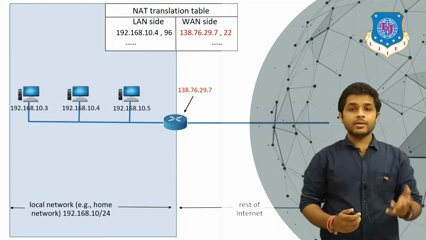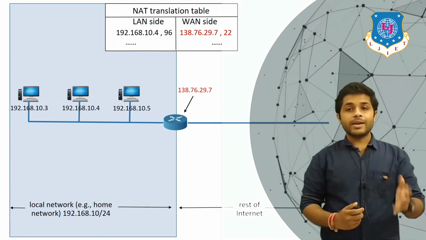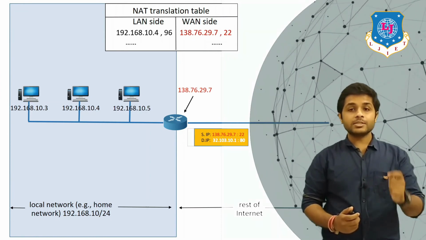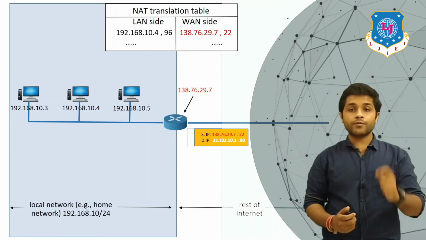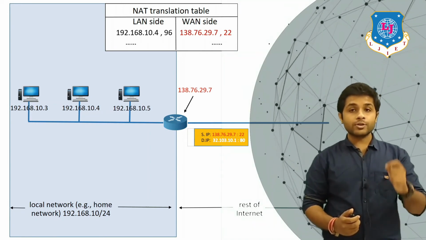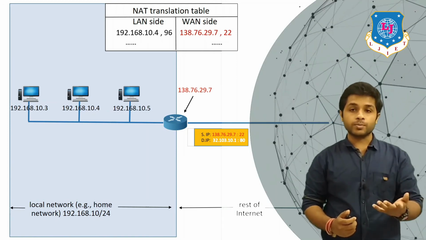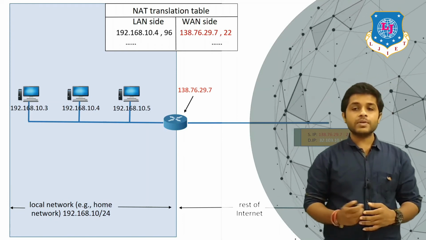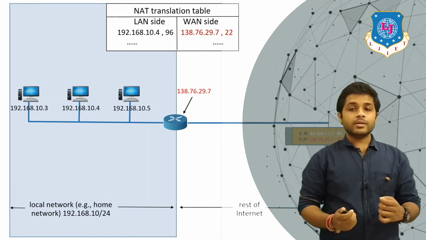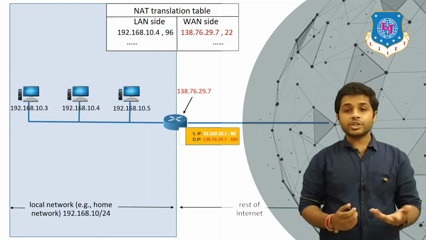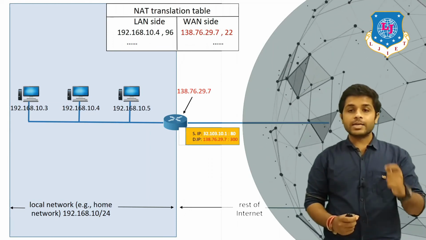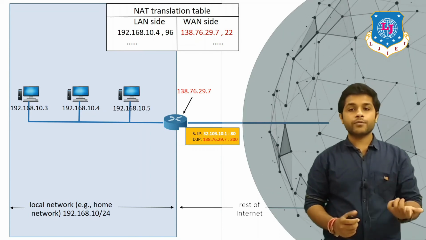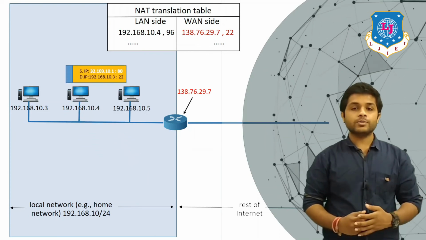You can see that the entries are being made in the NAT table, and then the IP address in the message is changed from 192.168.10.4 to 138.76.29.7, with a different port, and this message will be sent to the destination. The destination will reply, and when the router receives the reply, from the NAT table it knows that this message should be forwarded to device 192.168.10.4. So the message will be forwarded to that device.